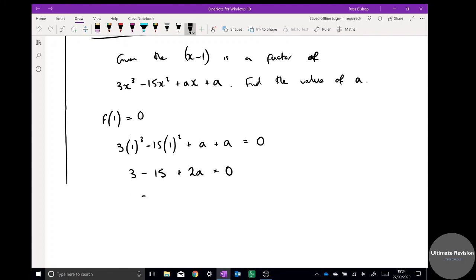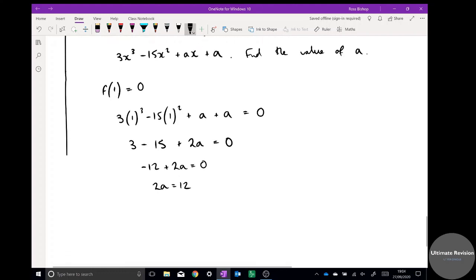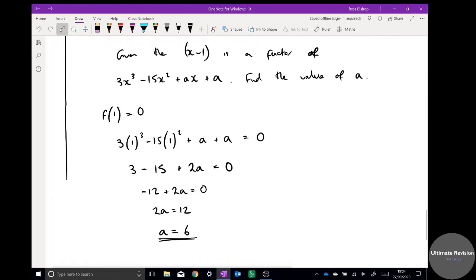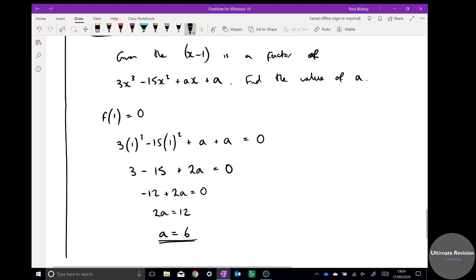So I've got minus 12 plus 2a equals 0. I end up with 2a equaling 12. A is going to equal 6. Okay? So another classic style question, that one. That could crop up in the calculator or the non-calculator, but that is the factor theorem.